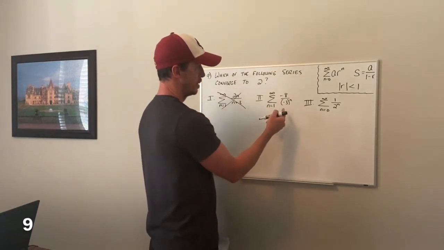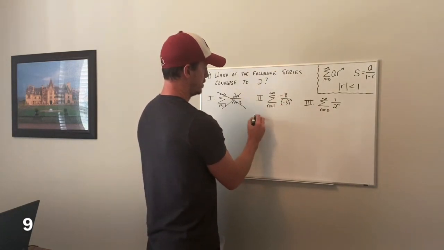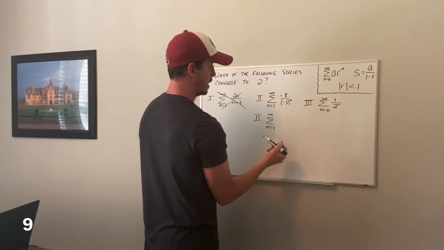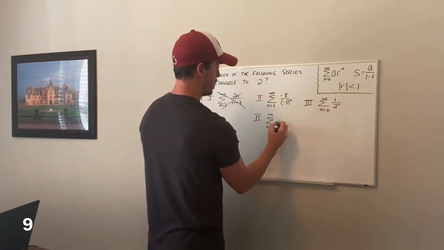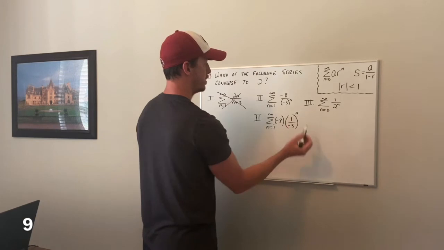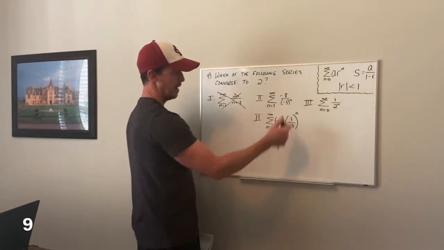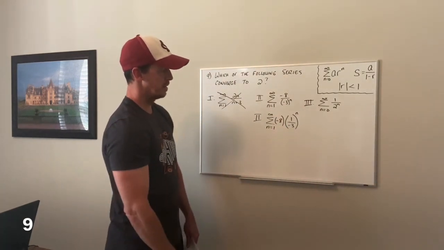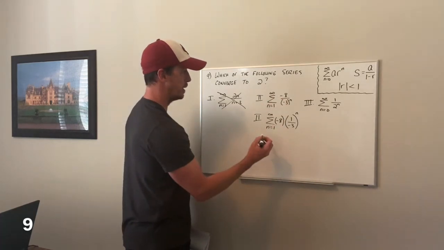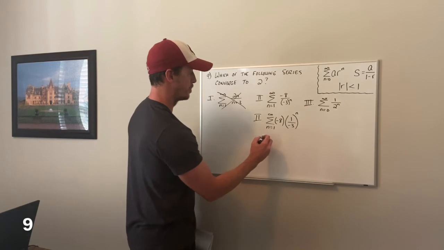Number 2, you can make this look a little different if you want to. You could bring that -8 out front, and then you'd have 1 over -3 to the n. That and that are the same thing. And now it looks more like that. And remember, all we need is the a and the r.